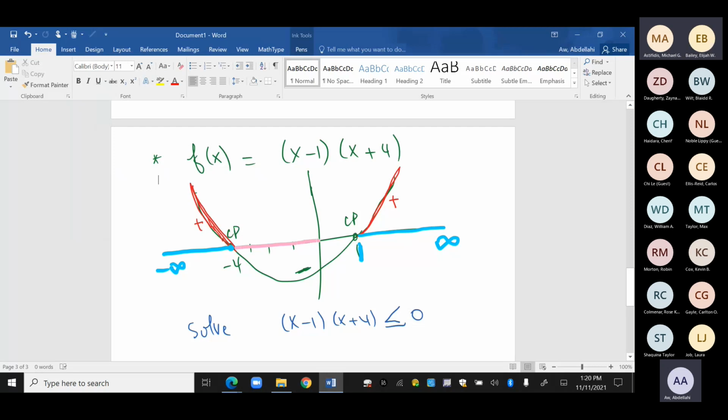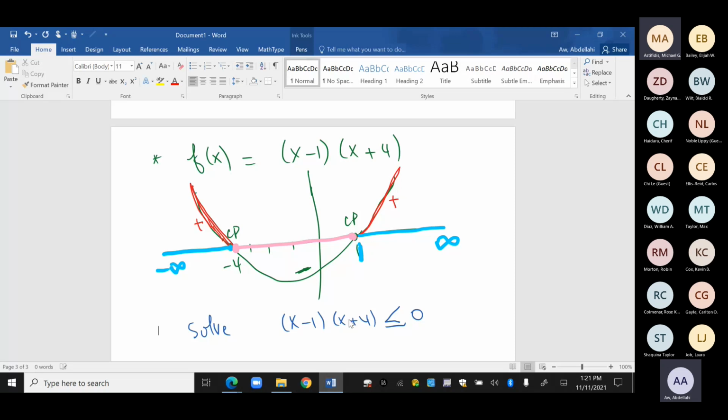Between -4 and 1. So if you ask me to solve x minus 1 times x plus 4 less than 0, the solution is the interval -4, 1. So graphing polynomials helps a lot in solving some types of inequalities, and this is what you're going to do now.